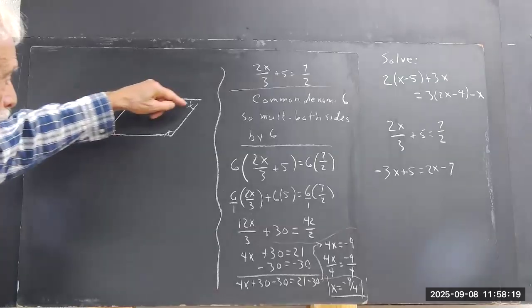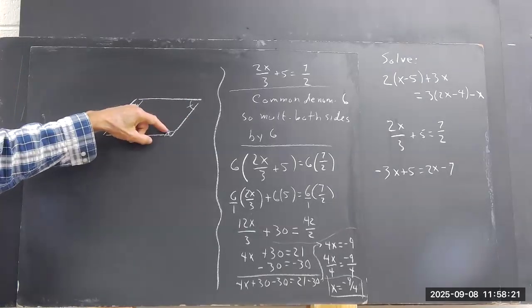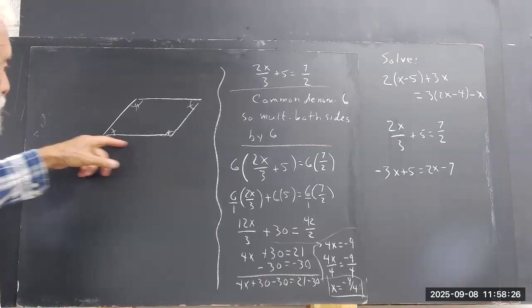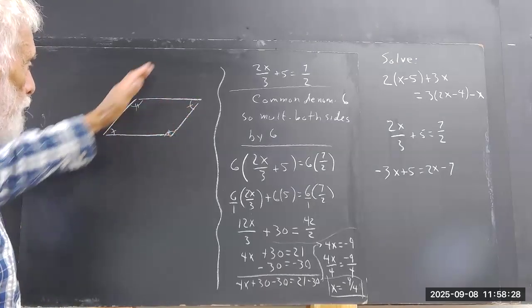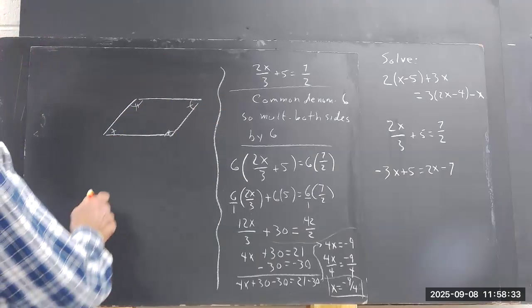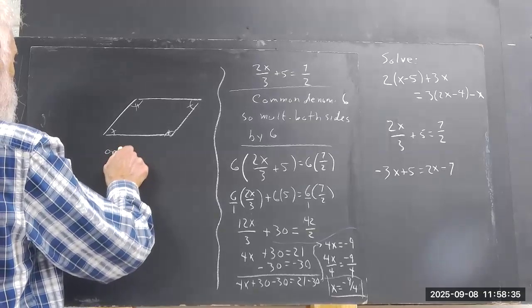Now I've marked this angle and this angle as being equal. I've marked this angle and this angle as being equal, which means that this side is parallel to this side and this side is parallel to this side. Okay. So I'll say opposite angles are equal.